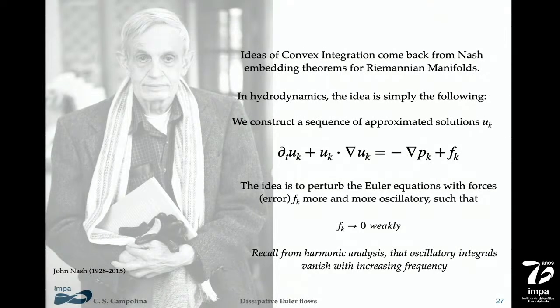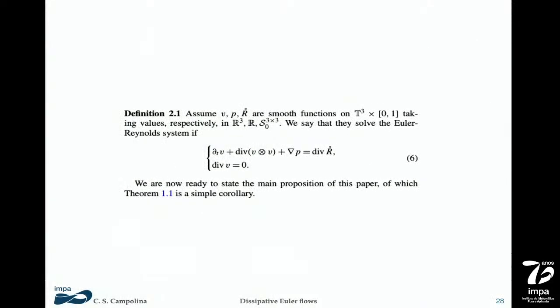And now I will follow one of the constructions briefly, not the details, just to see how they perturb the solution with those forces. So this is the 2009 paper by De Lellis and Székelyhidi. And it's essentially the same construction as the other Hölder one, with 1/10, 1/5, right?